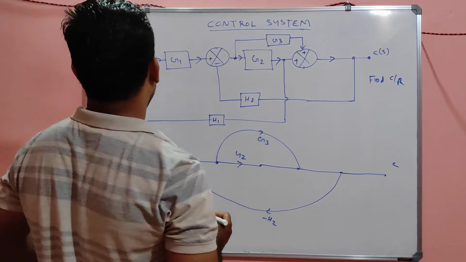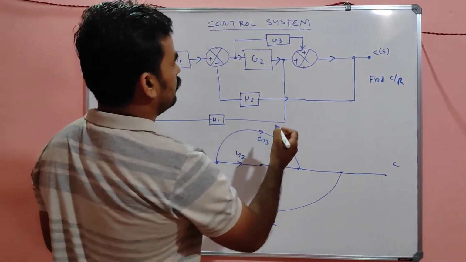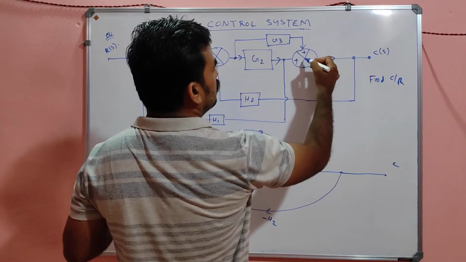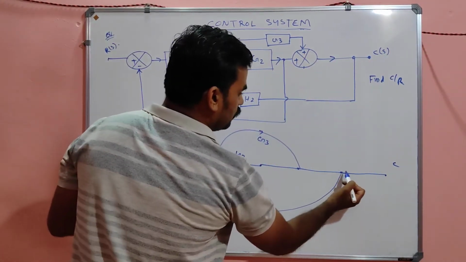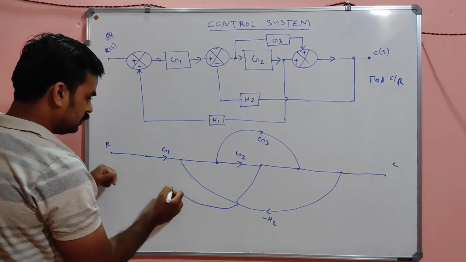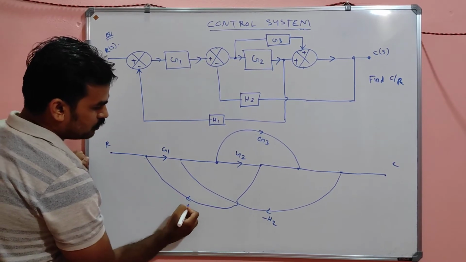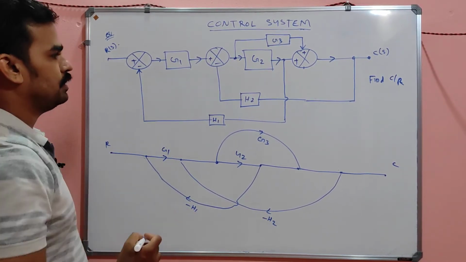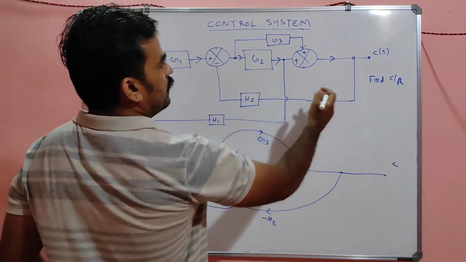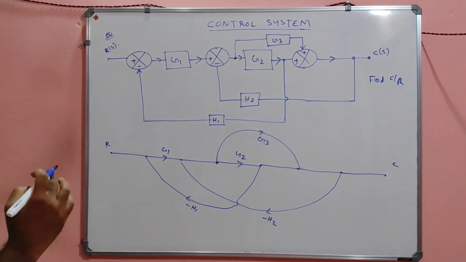H1 is from where to where? H1 is from here to here, my dears, 1, 2, 3, 4. So here is H1. This is minus H1 I can write, because H1 is going to the negative terminal, so it is minus H1.